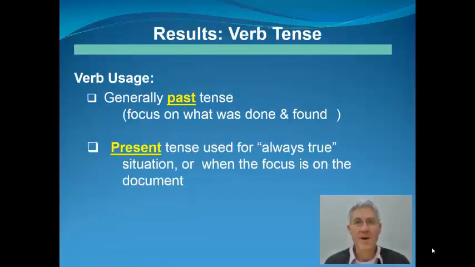When writing up the manuscript, and in particular in the results section, the use of verb tense is a very important tool to differentiate between what you or the researcher did and found, which is always written in the past tense, from situations that are always true, or statements or observations that can be considered to be accepted by most researchers in the field.